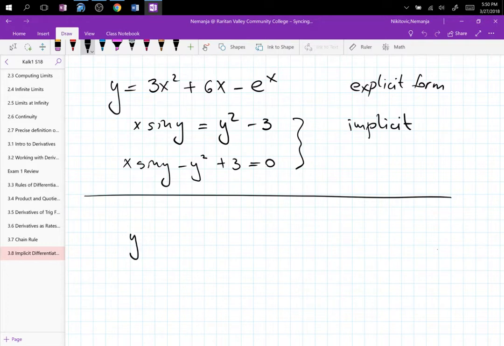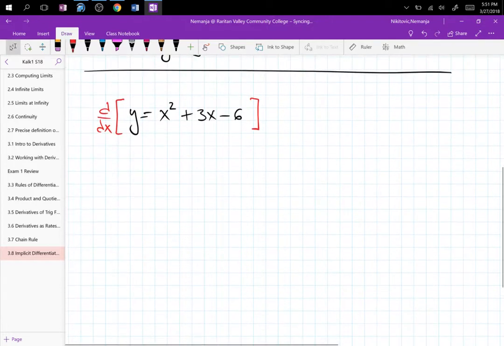I can write y equals x squared plus 3x minus 6, let's say. And then as a notation, I can put the derivative like this on the outside, and say I want to take the derivative of this particular function this way.